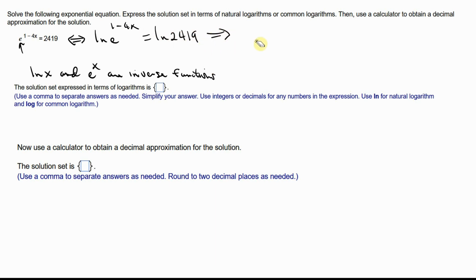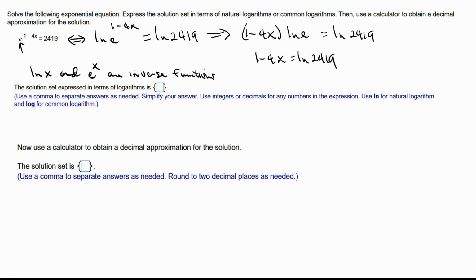This implies that power over here becomes the multiplier, 1 minus 4x, in parentheses, times the natural log of e is equal to the natural log of 2419. Well, the natural log of e is 1. That's a property. So this is 1 minus 4x is equal to the natural log of 2419.